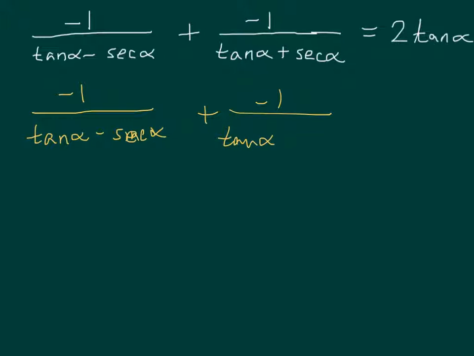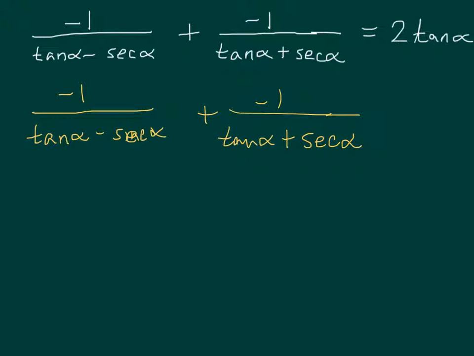So tangent alpha plus secant alpha and tangent alpha minus secant alpha are the denominators of these two fractions. Well, you got two fractions, you got a plus sign in between, so we need a common denominator.